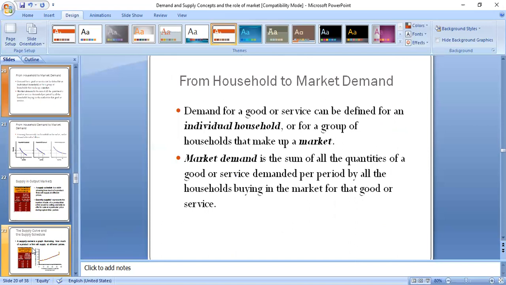So we have what we call individual household demand and the market demand. The individual demand will just be, of course, we know that demand is the desire for a good or service backed by the ability to pay for it.